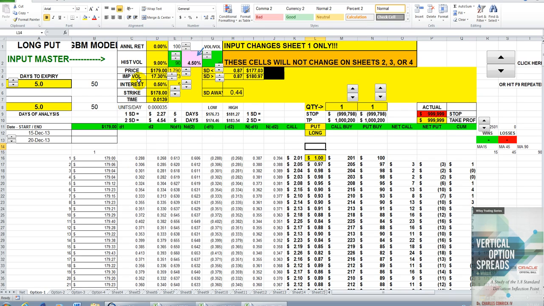The interest rate is the interest rate on borrowed money. Now I have it set at 0.5% annually, and that's minuscule, of course. If it was 10% annually, I'd have to adjust that way on up. Clearly, the Fed funds rate, or the risk-free rate right now, is at 1/4%.